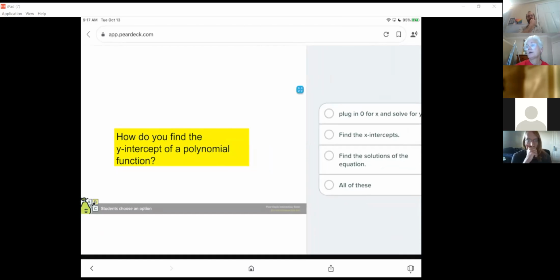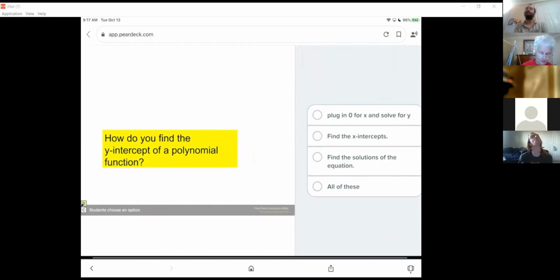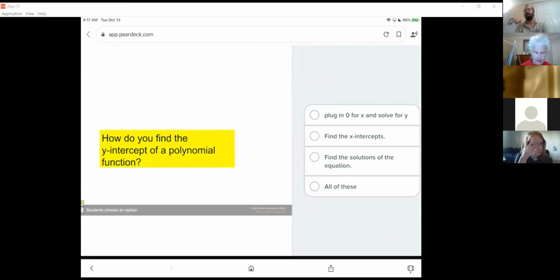There's only going to be one y-intercept. If you're talking about a polynomial function, it could cross the x-axis several times, but it cannot cross the y-axis more than once. So anytime you're asked to find the y-intercept, all you have to do is plug 0 in for the x's. Plug 0 in for all the x's, and that will give you the y-intercept.